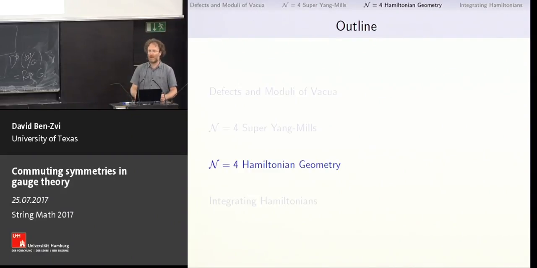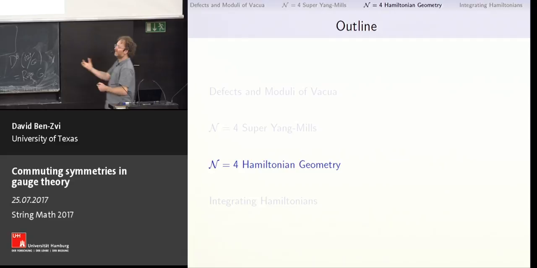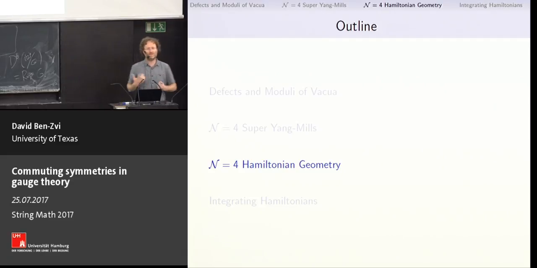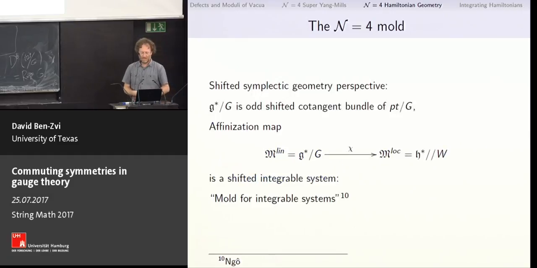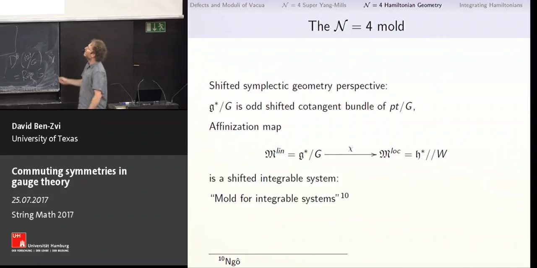Now I'd like to understand the geometry of this space. What can you do with this funny-looking space, how are you going to model and understand it, and how does it relate to Hamiltonian geometry? There's an interesting integrable system structure on this Coulomb branch, a 4D analog of the usual integrable systems we see in moduli spaces of 3D gauge theories.